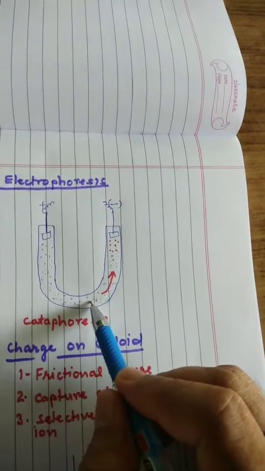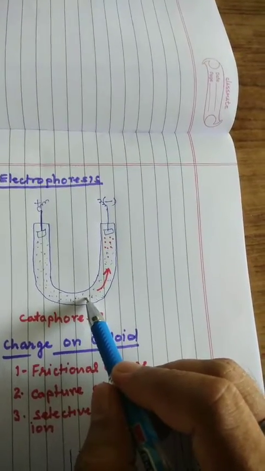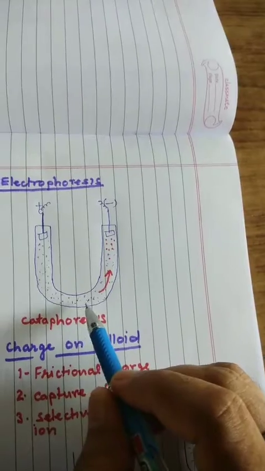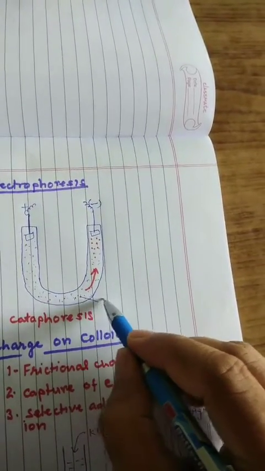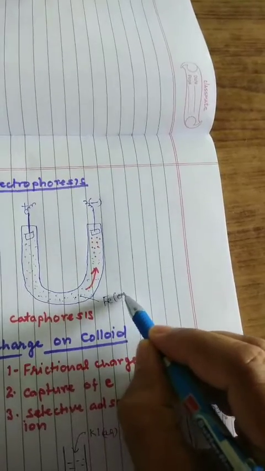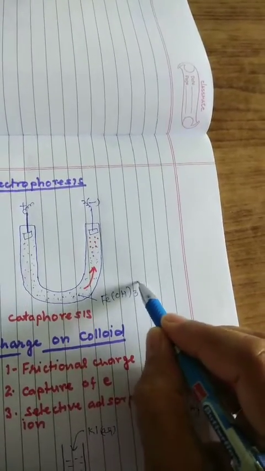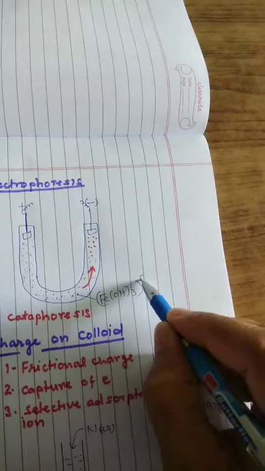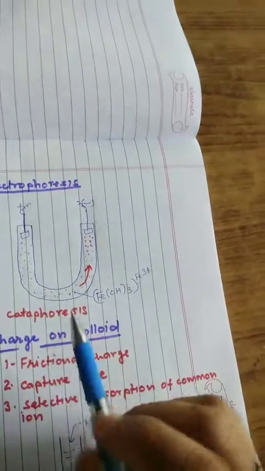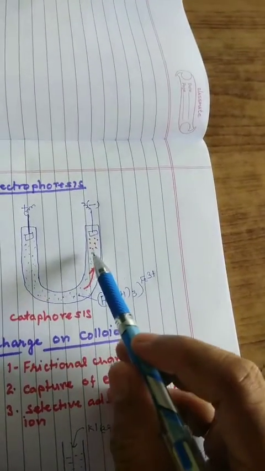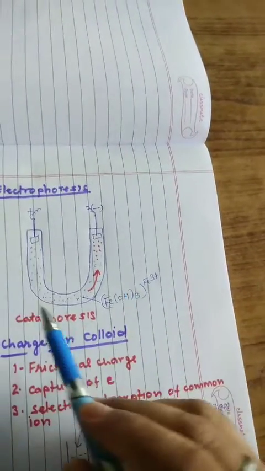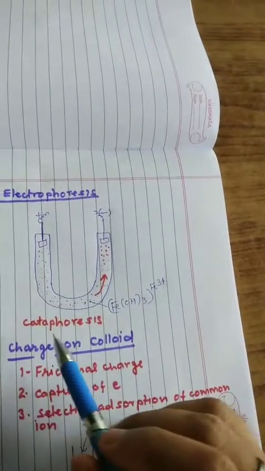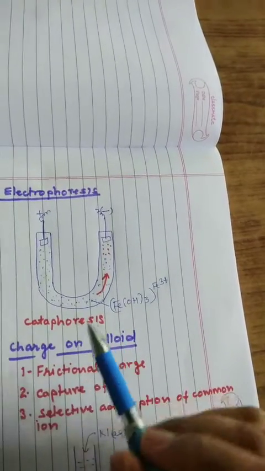Now when the switch is on, or potential difference is applied, if our colloid is positively charged, like ferric hydroxide sol, then the positively charged particles of the colloid will move towards the negative electrode, towards the cathode, and this phenomenon is called cataphoresis.